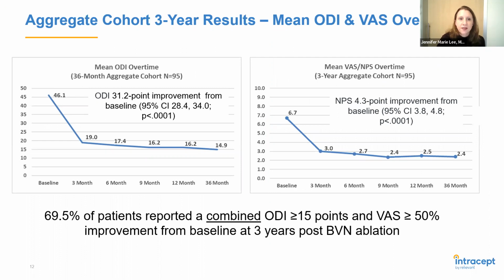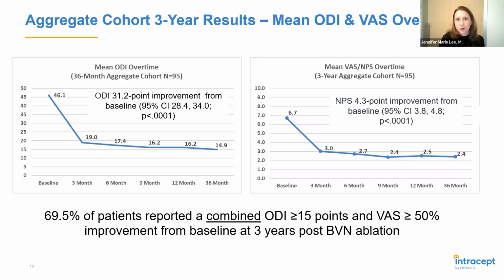So here we have the cohort data, the aggregate results for this, which includes, as I mentioned, the primary endpoint of ODI, Oswestry Disability Index, and also VAS at 3 months. What you can see here is that the ODI was reduced from 46 to 19.